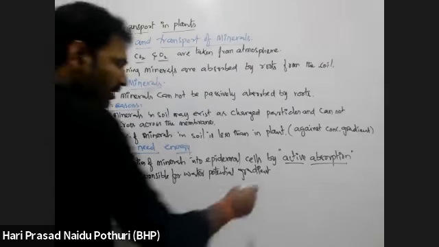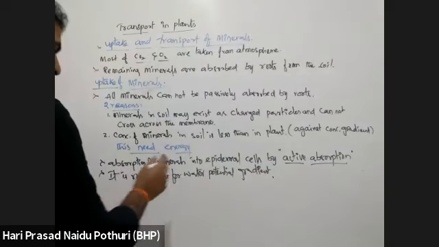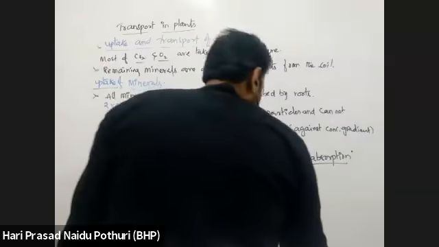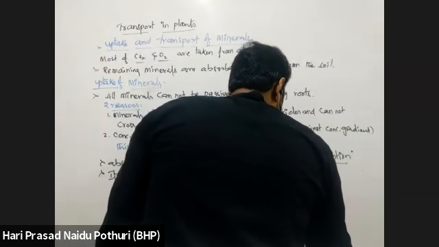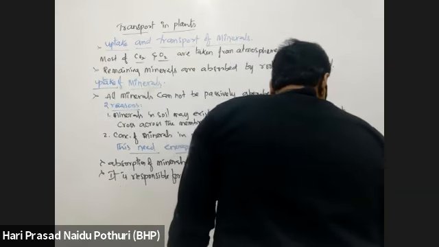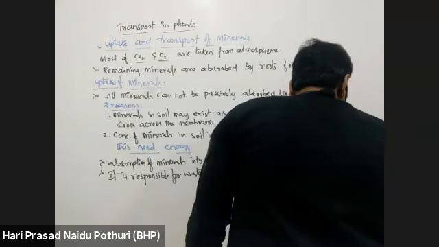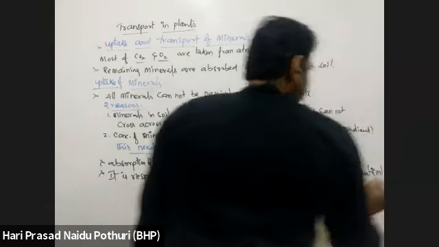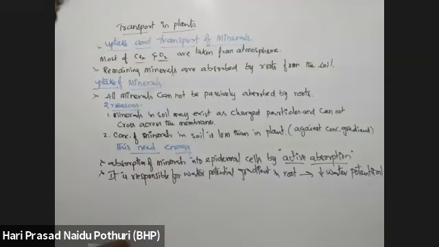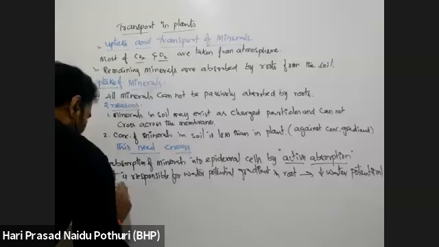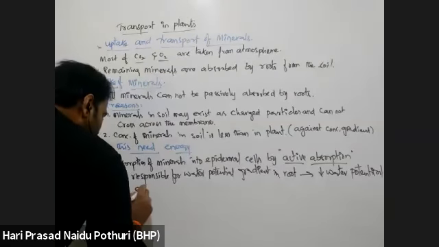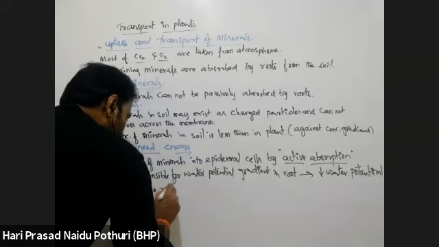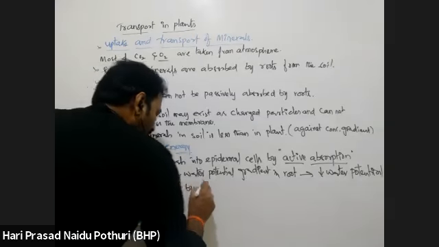And this is responsible for the water potential gradient in the root. As water potential decreases due to absorption of minerals inside the root, water enters the root by osmosis.